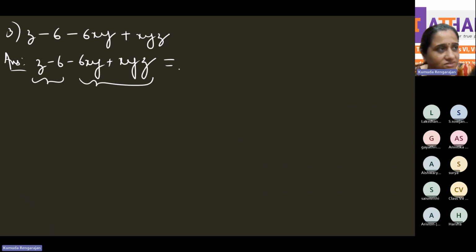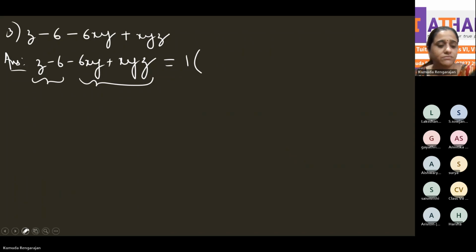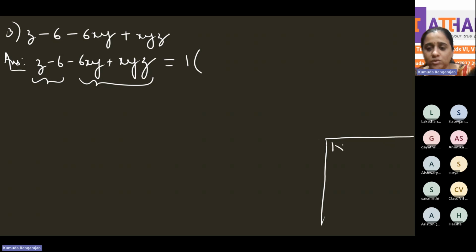Now we start off with the HCF of the first two terms, which is 1, open bracket, 1 into what will give you the first term z? z.